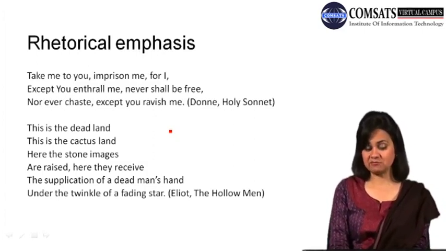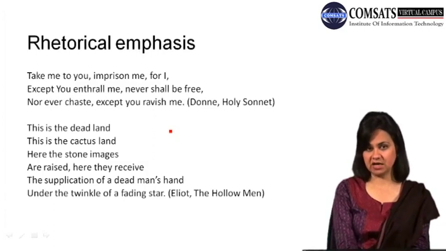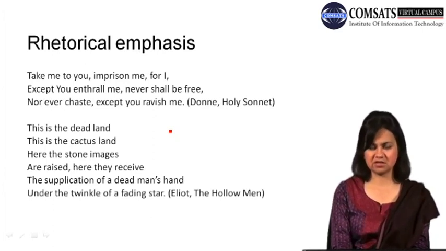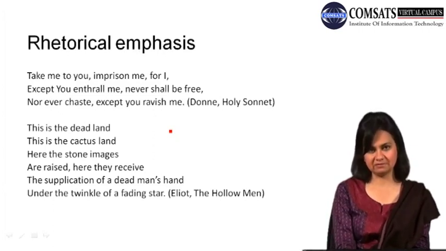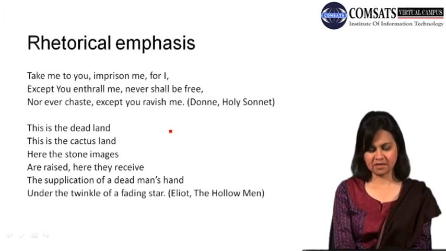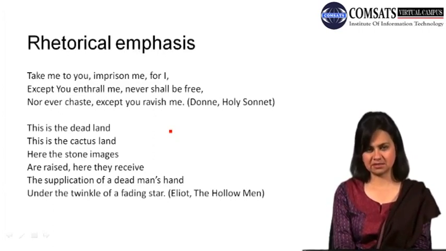So the hopelessness that was created in the beginning of the lines with reference to dead land, cactus land and stone images is strengthened by the fading of the star. That star is fading as hope is dying and fading. And the image of death is again strengthened by the supplication of a dead man's hand. So this is how the climax is achieved.